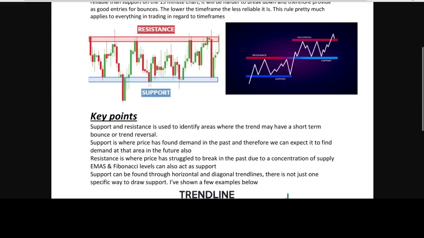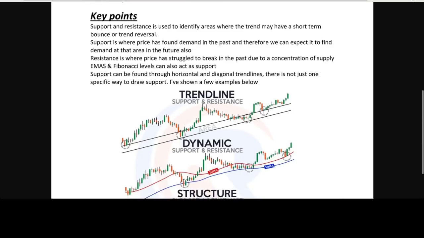But here's some key points. Support and resistance is used to identify areas where the trend may have a short-term bounce or trend reversal. Support is where the price has found demand in the past, and therefore we can expect it to find demand in that area in the future also. Resistance is where the price has struggled to break in the past due to a concentration of supply.